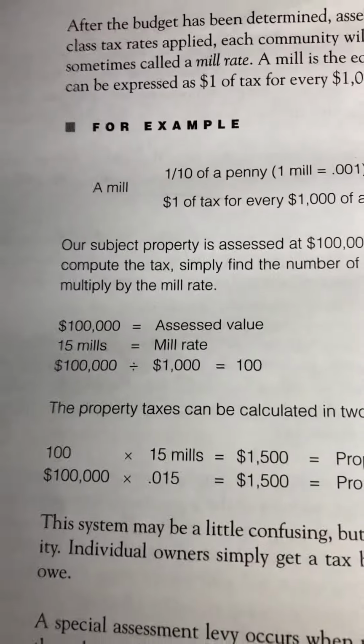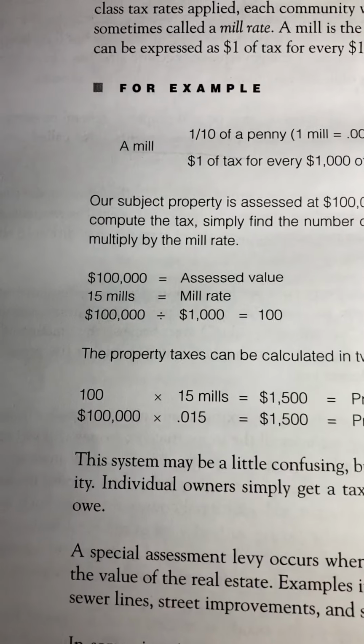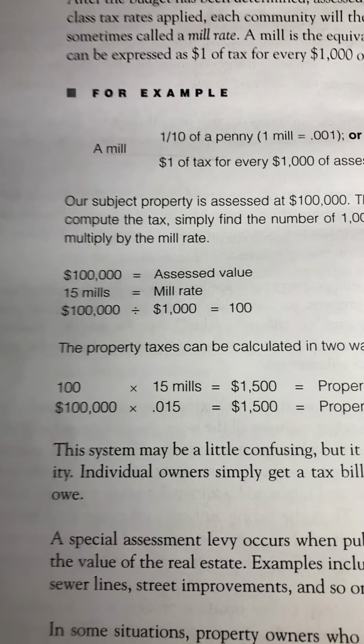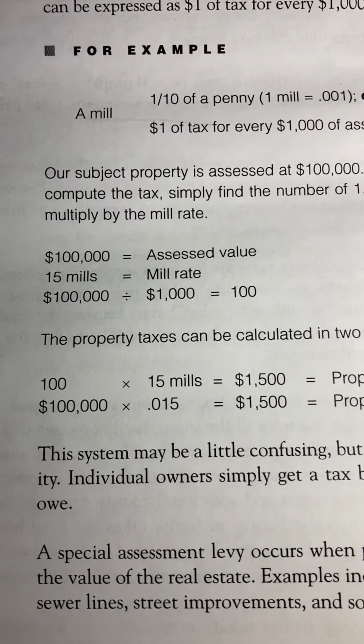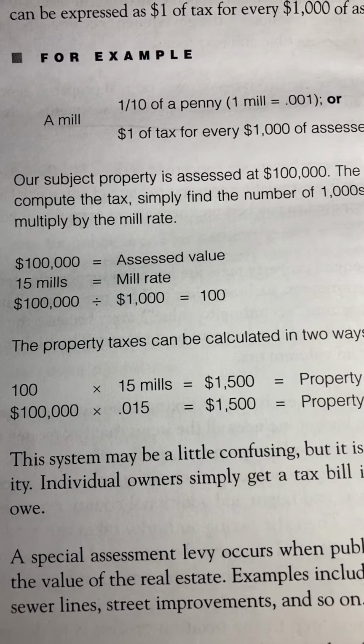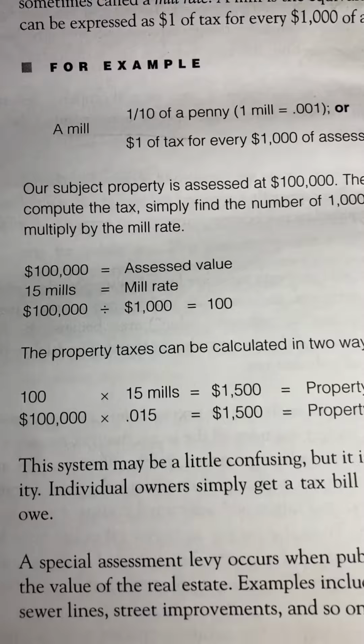$100,000 equals the assessed value. 15 mills equals the mill rate. $100,000 divided by $1,000 equals 100.